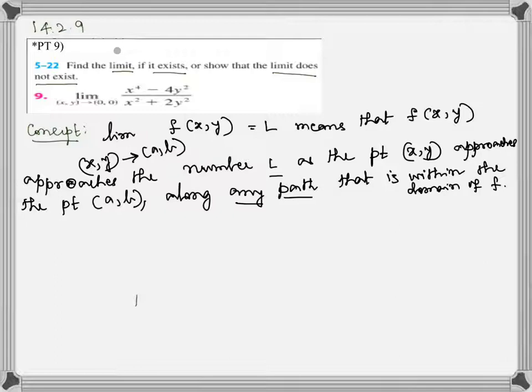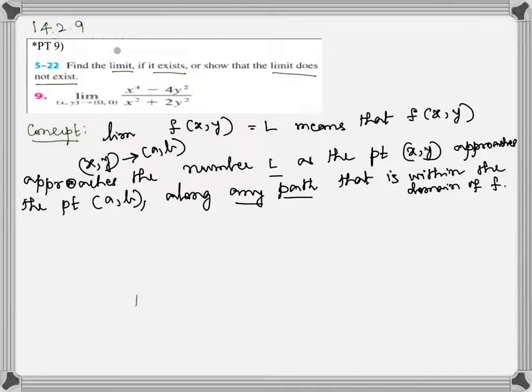Earlier, in single variable, we would say that the limit exists if the right-hand side limit is equal to the left-hand side limit. So we allow x to approach a from the right side and find the limit, then from the left, and call it the left limit. The right limit must equal the left limit for the limit to exist. This is for the single variable case.